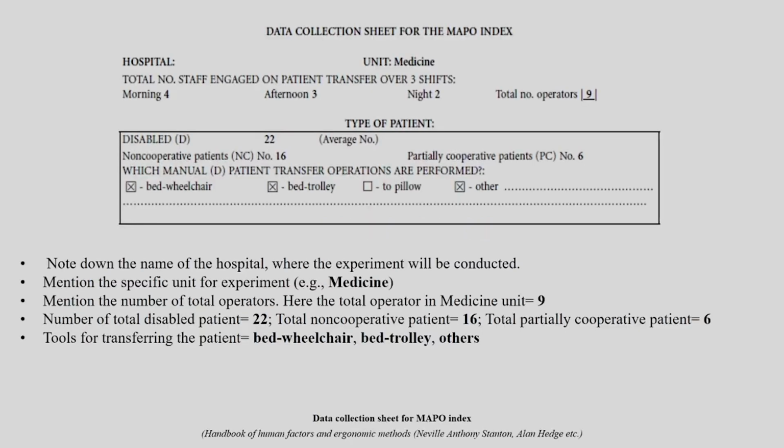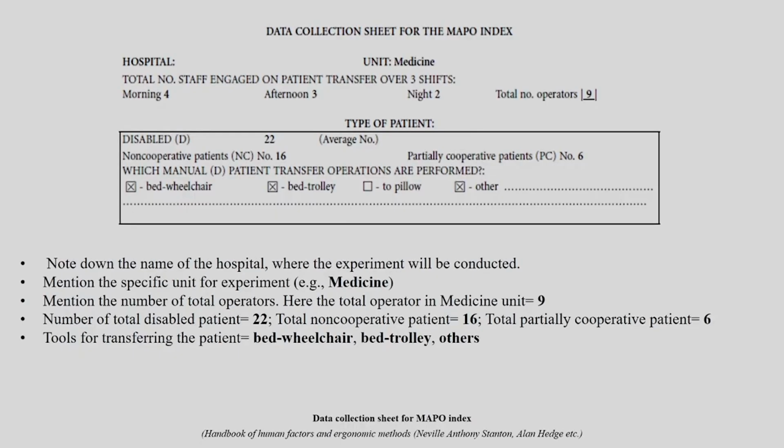Now, how do we collect data? This is the pro forma given by the author. This is an example that we are going to discuss in further slides, where we are going to actually calculate the MAPO.